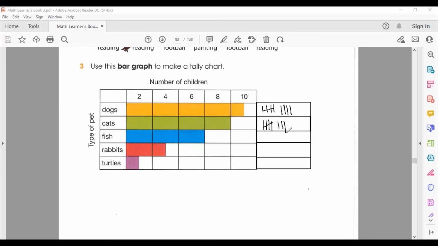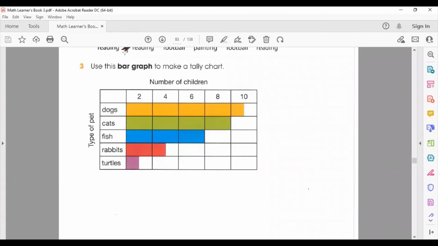And what about fish? Fish, 6. So we make 6 lines. 1, 2, 3, 4, 5, 6. And rabbit, 1, 2, 3. And turtle, only one. So this is a tally chart.